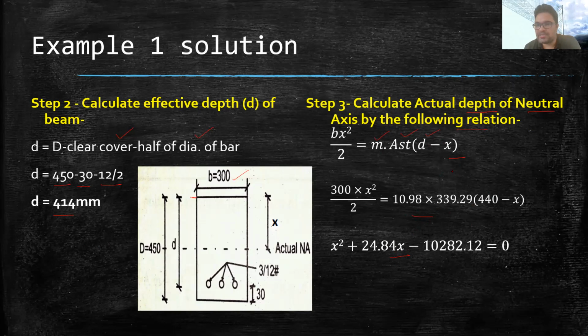The quadratic equation can be solved like this: for the value of x, we can find out minus b plus minus square root of b square minus 4ac upon 2a.